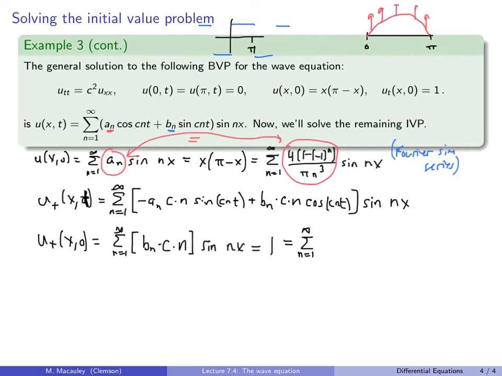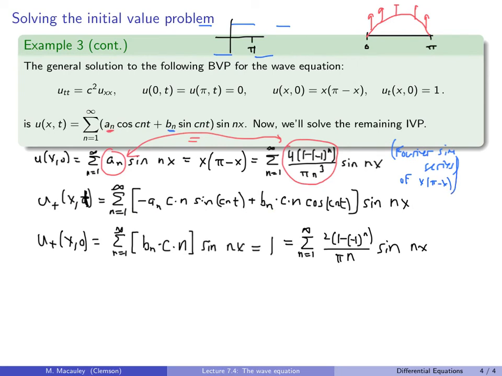It is 2 times 1 minus negative 1 to the n all over pi times n, times sine of nx. And again, this up here is the Fourier sine series, I probably should say, of x times pi minus x.